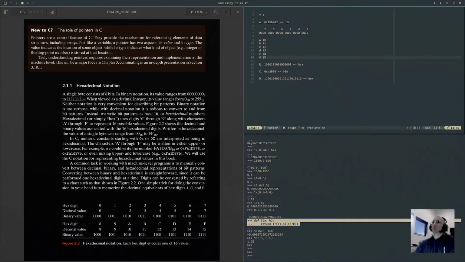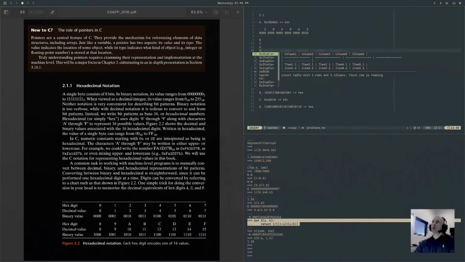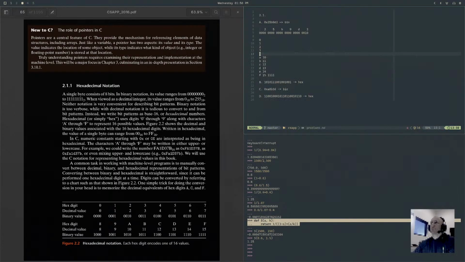I know F is all ones. 0, 1, 2, 3, 4, 5, 6, 7, 8, 9.